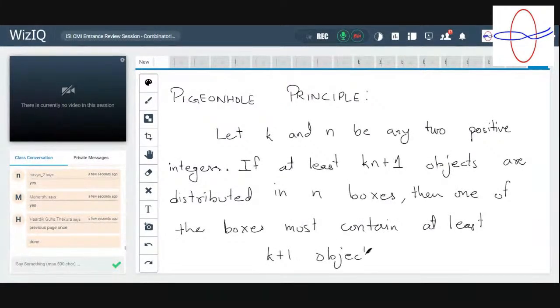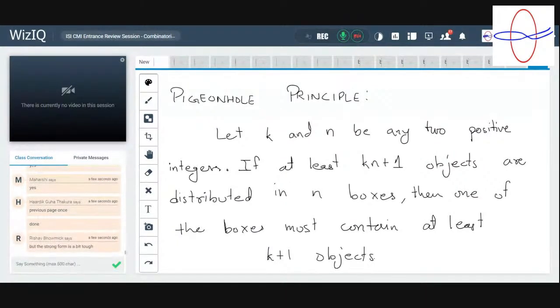So like take the situation where you have 5 objects in 2 boxes. So without even knowing PHP, just a bit of common sense tells you that one of them must have 3, right? At least 3. You don't need the strong form, so don't worry about it.